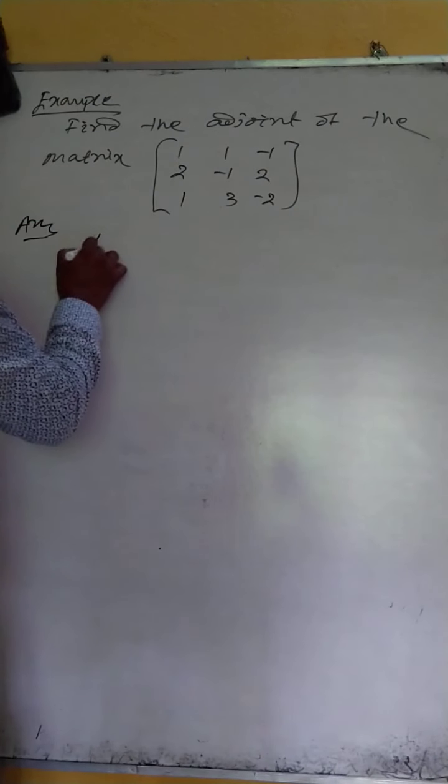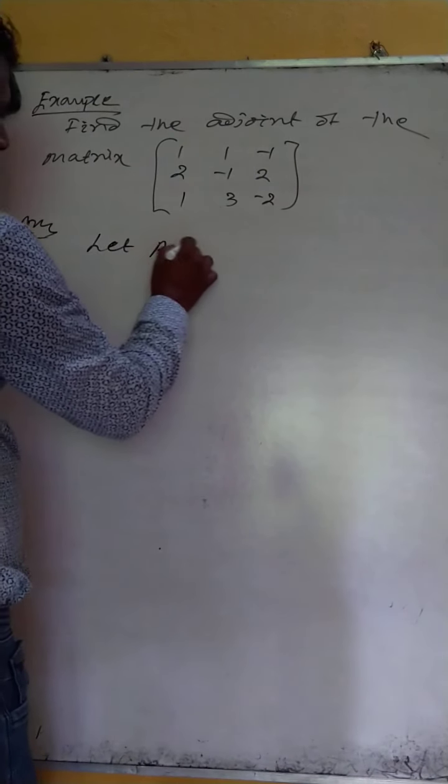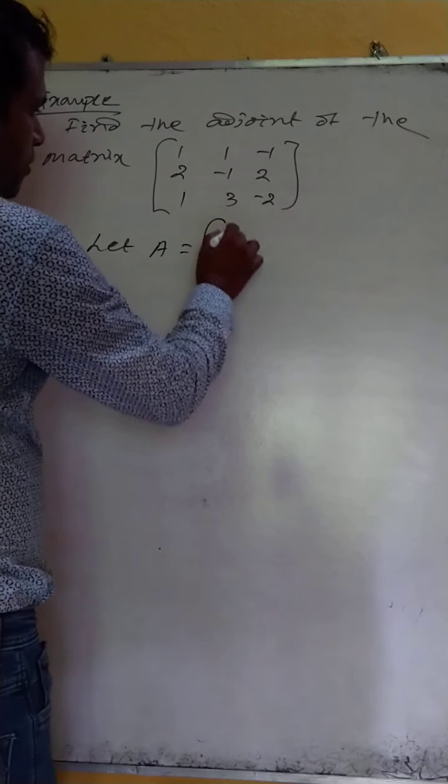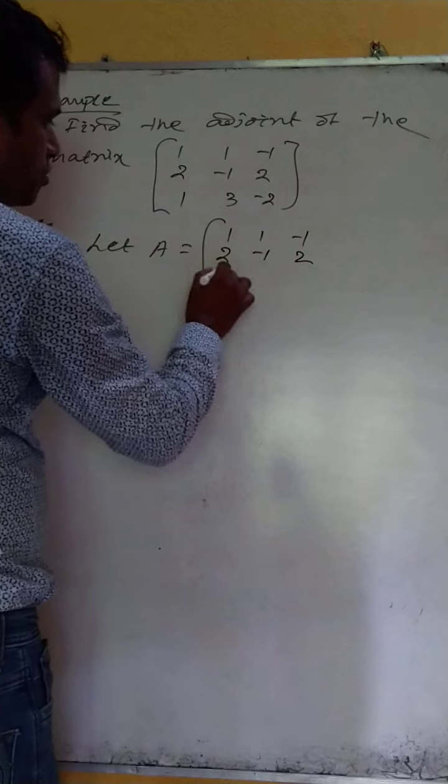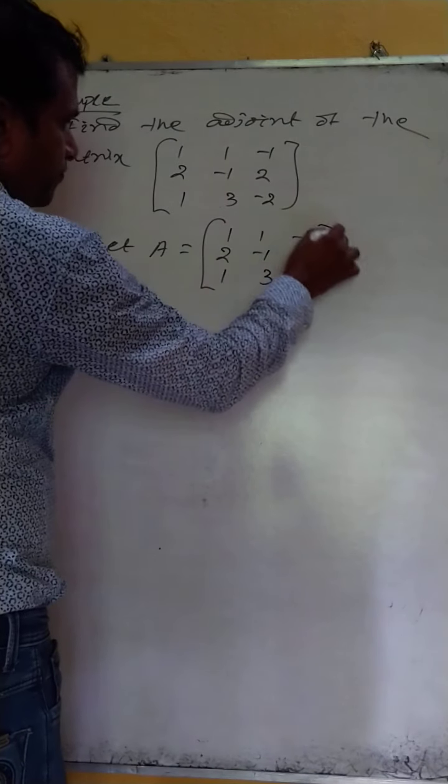Answer. Let capital A be the matrix with rows 1 1 -1, 2 -1 2, 1 3 -2.